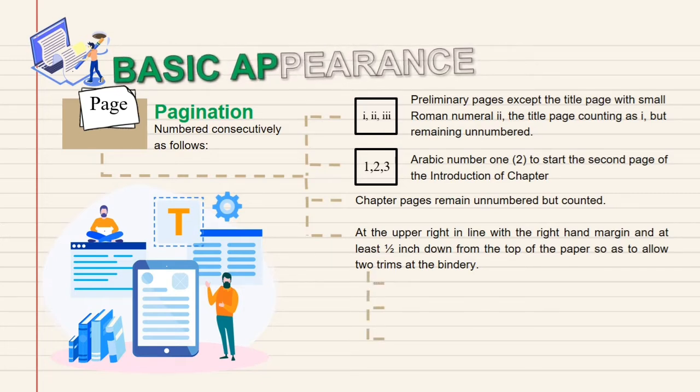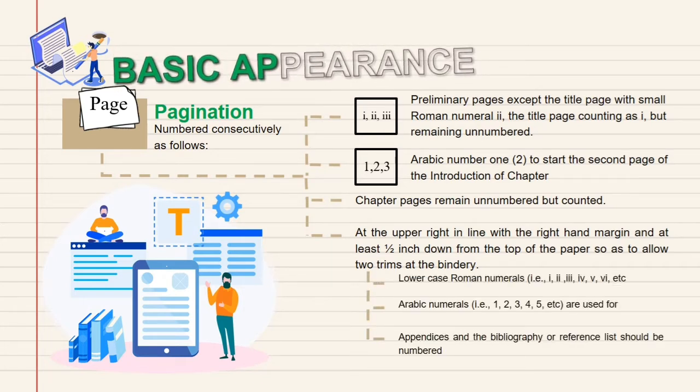Lowercase Roman numerals, for example i, ii, iii, iv, v, and the like, are used for preliminary pages. The numerals appear at the upper right in line with the right hand margin and at least 1/2 inch down from the top of the paper.